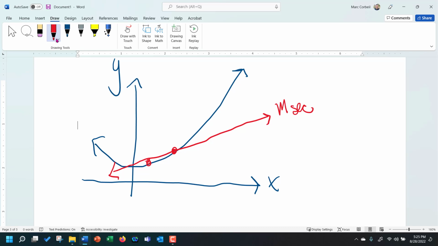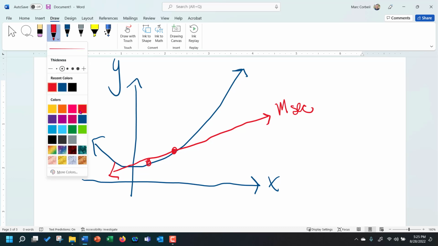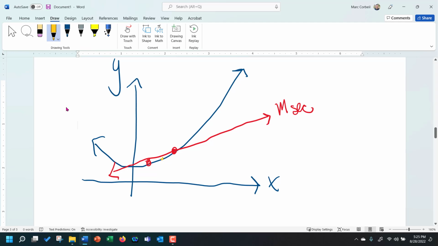So instead, what we're going to do, I'm going to do this in yellow, is choose this point, and instead of choosing a secant line, I'm going to draw a tangent line. And that's my best line, and I do mean my best line, which is limited, that actually only touches the curve at one point.